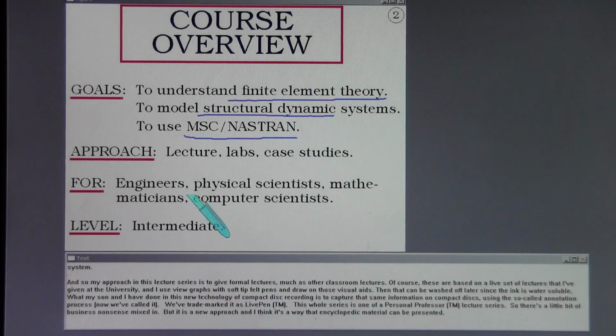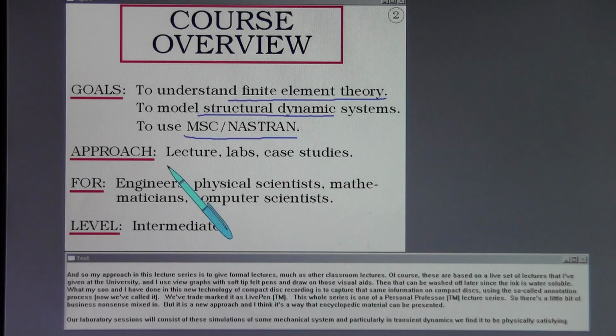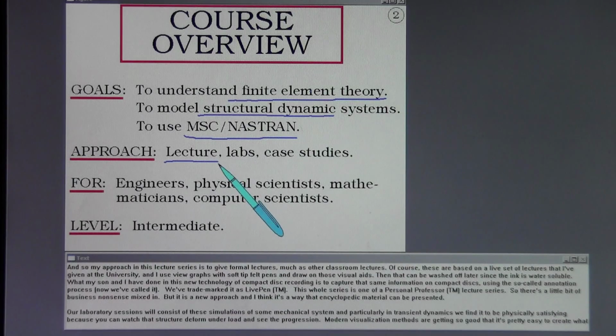And so my approach in this lecture series is to give formal lectures much as other classroom lectures. Of course, these are based on a live set of lectures that I've given at the university, and I use view graphs with soft tip felt pens and draw on those visual aids. Then that can be washed off later since the ink is water soluble.